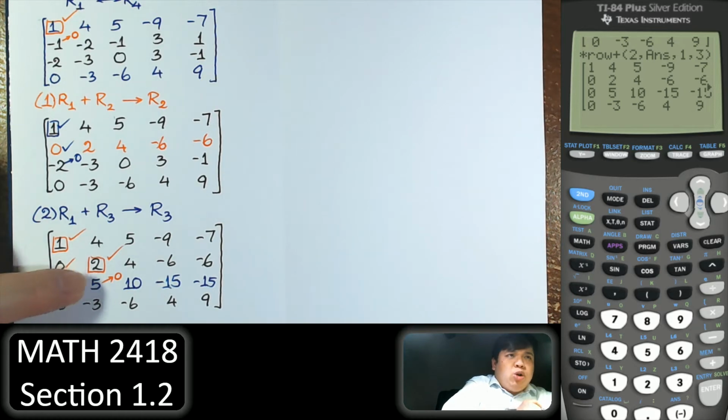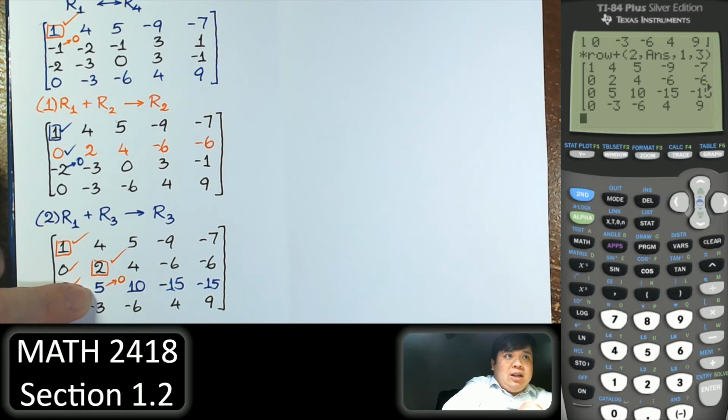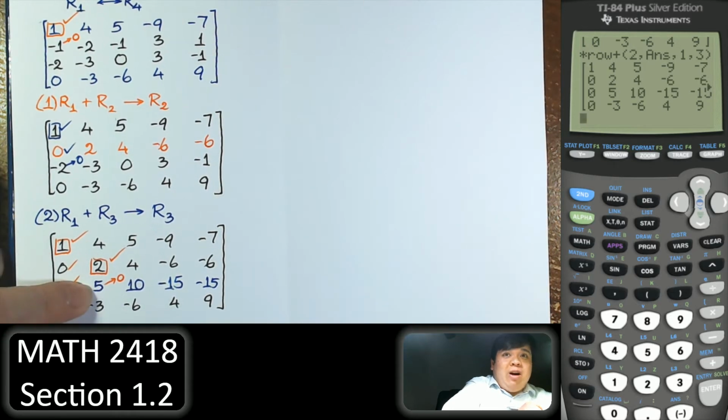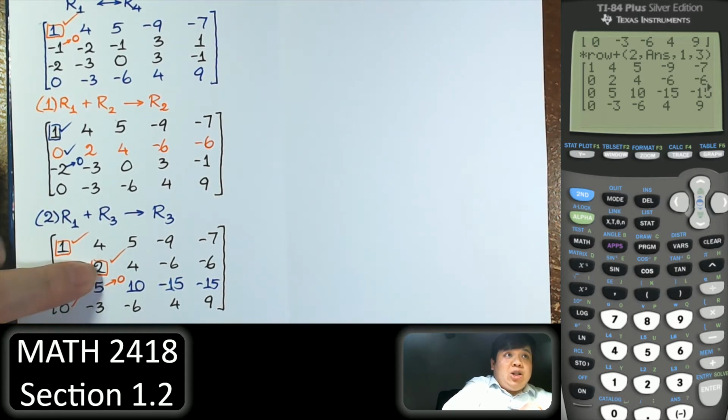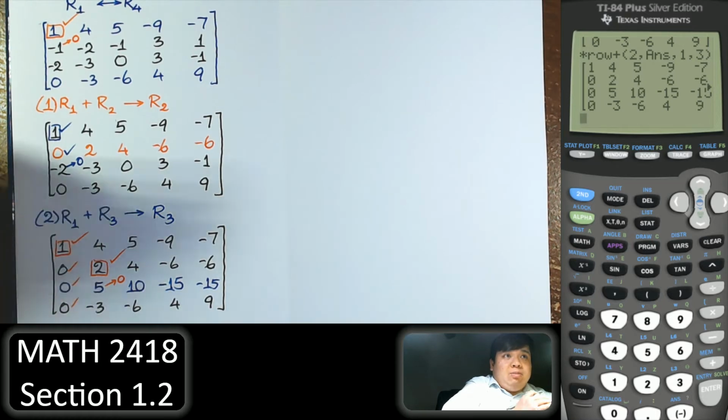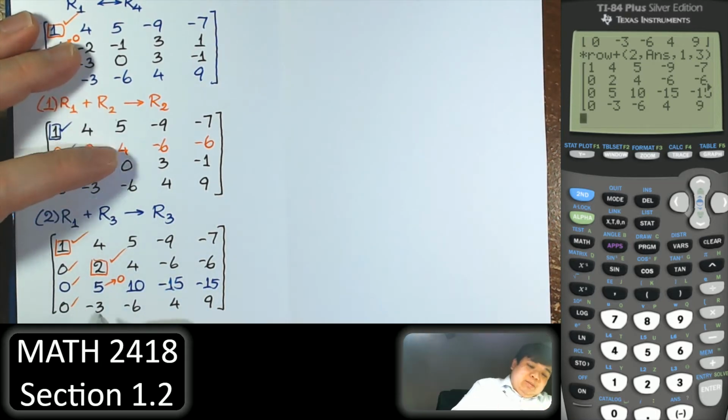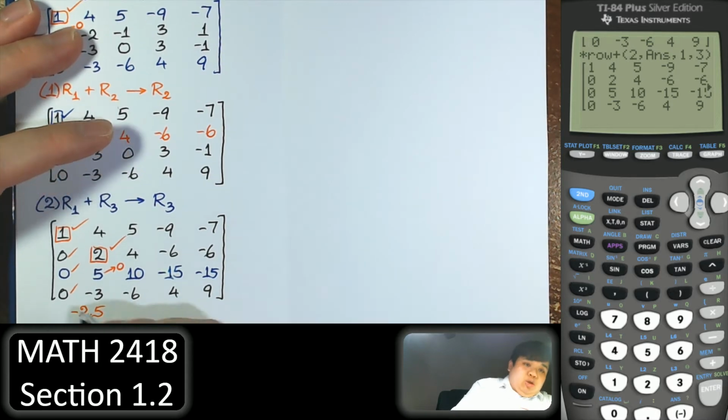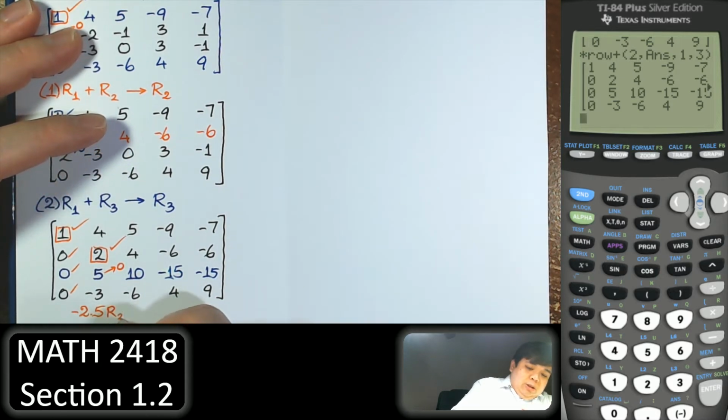How do we do that? Of course, we're going to multiply by a number and add to that. In order to get to a negative 5, 5 divided by 2 is 2.5. So it's negative 2.5 multiply to row 2, add to row 3, replace to row 3.